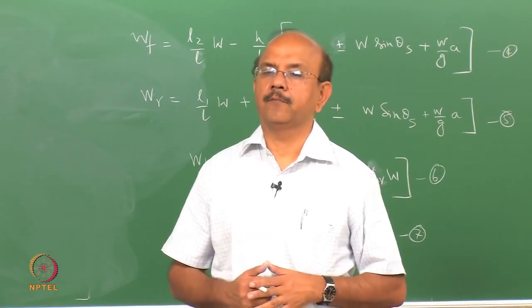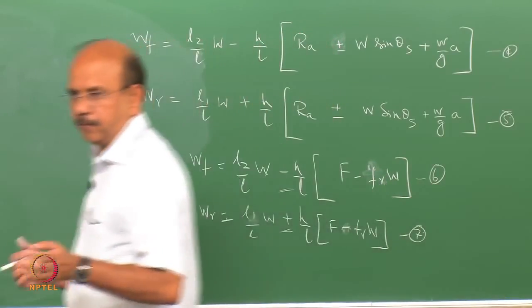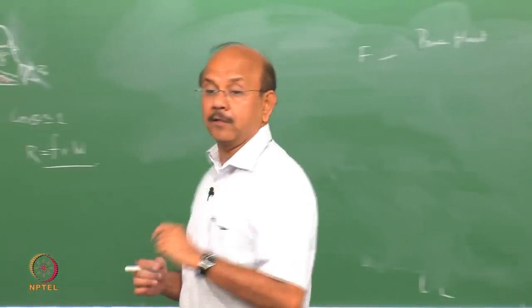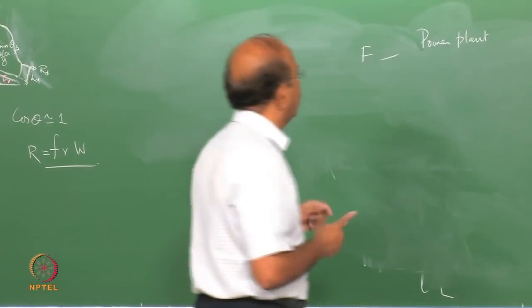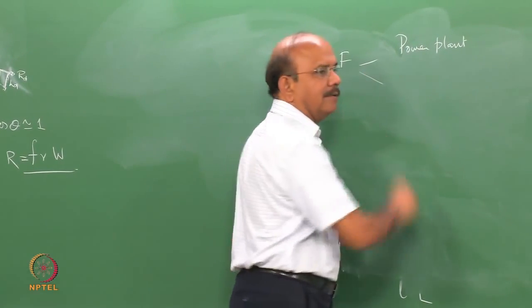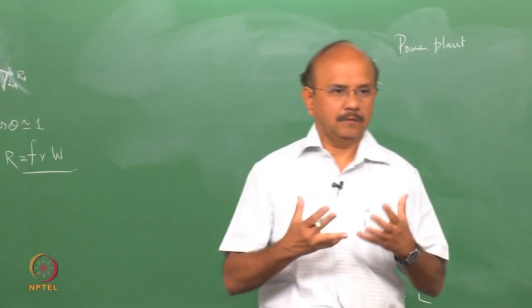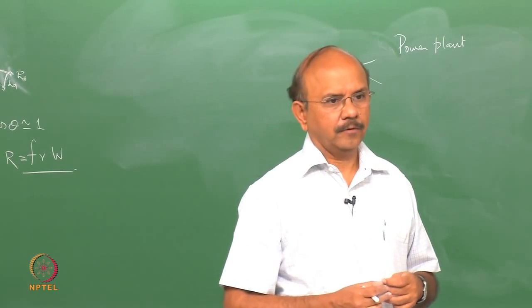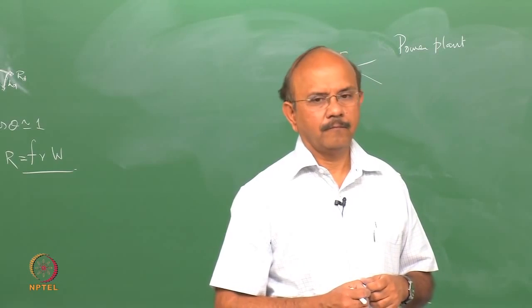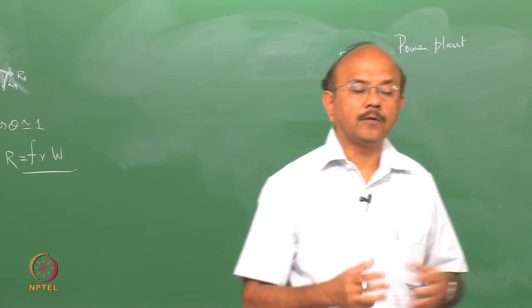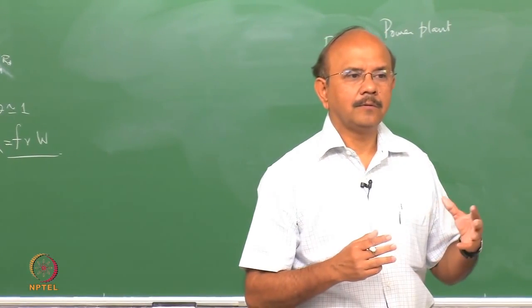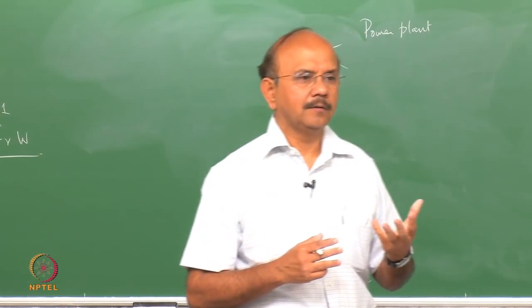That is the first thing. Maybe your car will not be able to develop it. But the more important thing is the ability of the tire to take that force, the FF. What would happen if it's more?